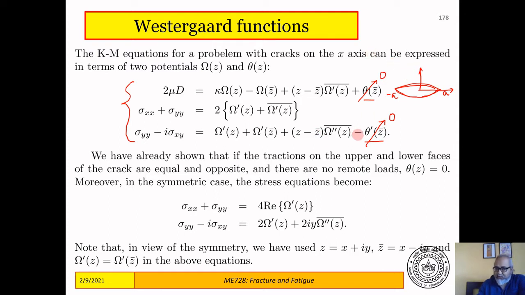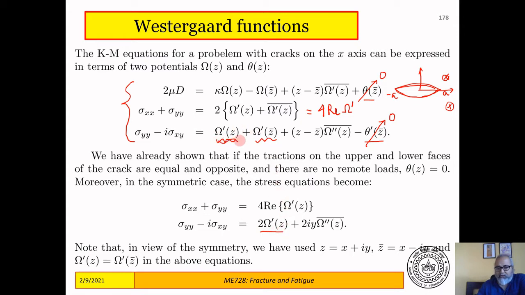So the symmetric case is the mode 1 crack, and this first stress equation is omega prime plus omega prime bar, which is 2 times the real part of omega prime. In the symmetric case, omega prime z and omega prime z bar are just here and at the mirror point. When they are mirror images of each other, their values are the same.